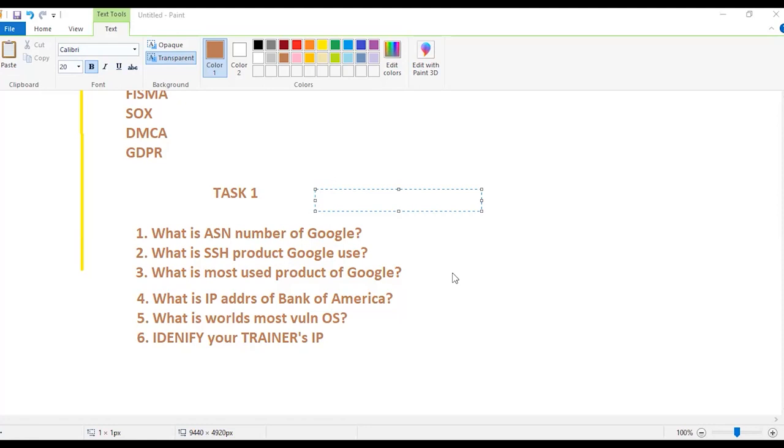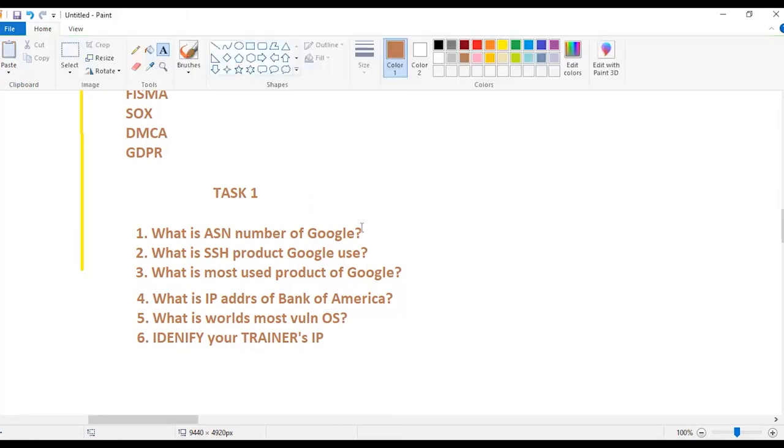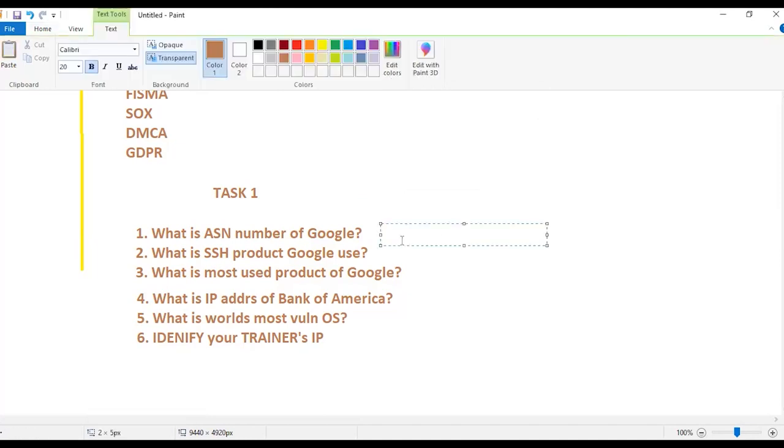What is the SSH product Google uses? Putty or something, maybe. I'm the one asking the question. The SSH product.